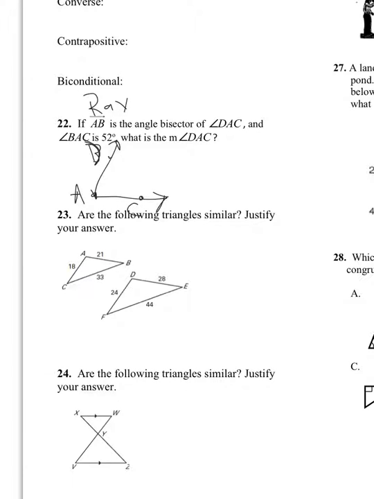Put a point there. And BAC is 52 because AB is an angle bisector. So you'll come out here, there'll be an actual B there, right? That's D. Now an angle bisector is going to cut this in half. So this angle and this angle will equal the same value.